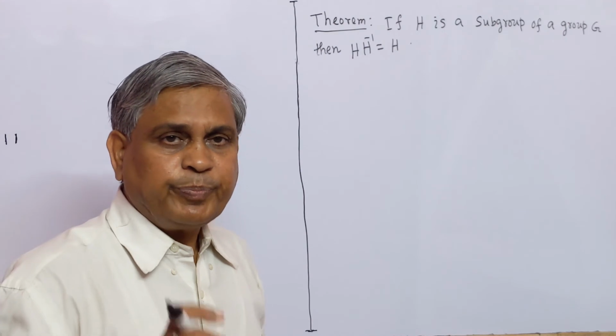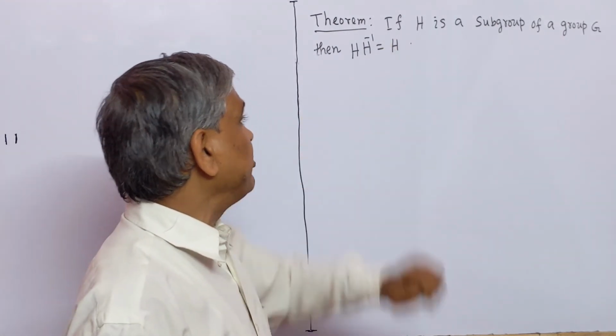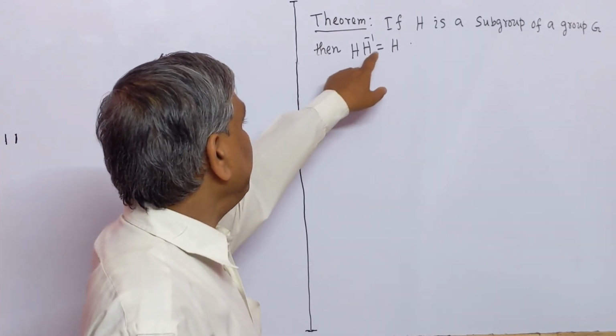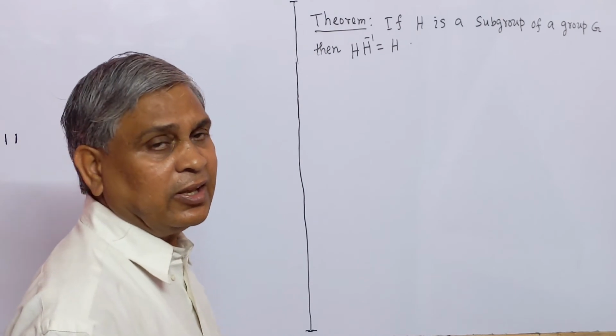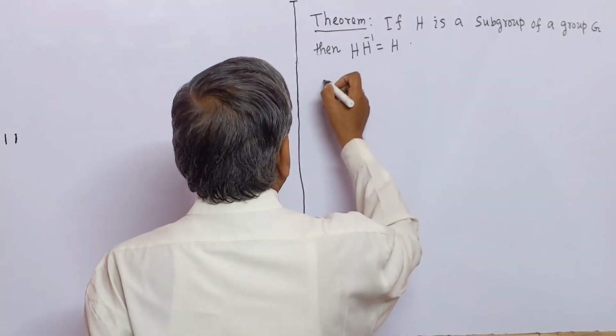Now we prove the next theorem. If H is a subgroup of a group G, then H inverse equals H. Now we prove this. Proof.